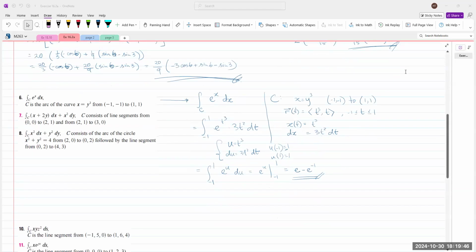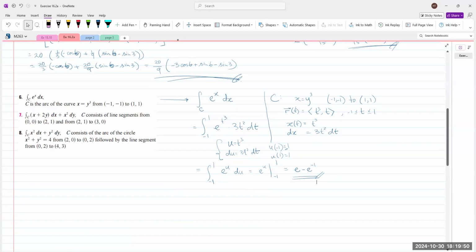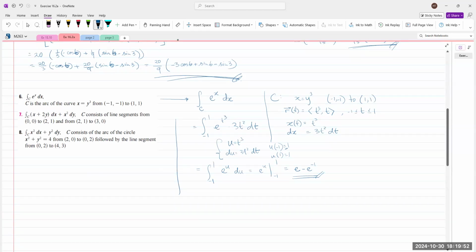Okay, number 8. Let me give myself some space. Number 8, I have the integral over curve C of x squared dx plus y squared dy. If you think about this, this is actually the integral over curve C of the vector (x squared, y squared) dot (dx, dy).